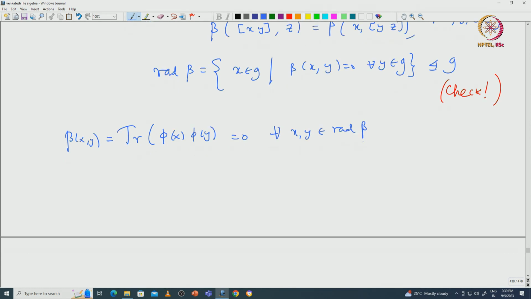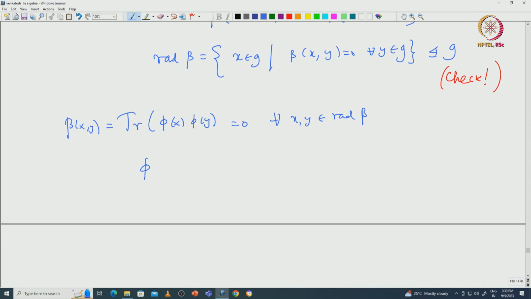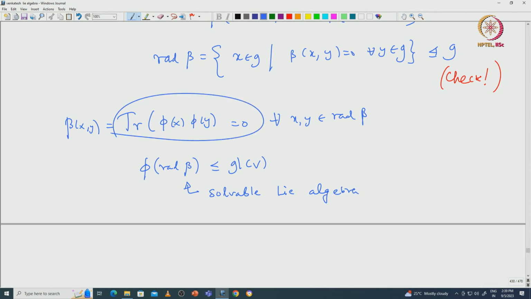That means the image of the radical of beta, which lies inside GL(V), must be solvable. This is a solvable Lie algebra by Cartan's first criterion, because it satisfies this trace condition. So, pi of the radical of beta is a solvable Lie algebra.